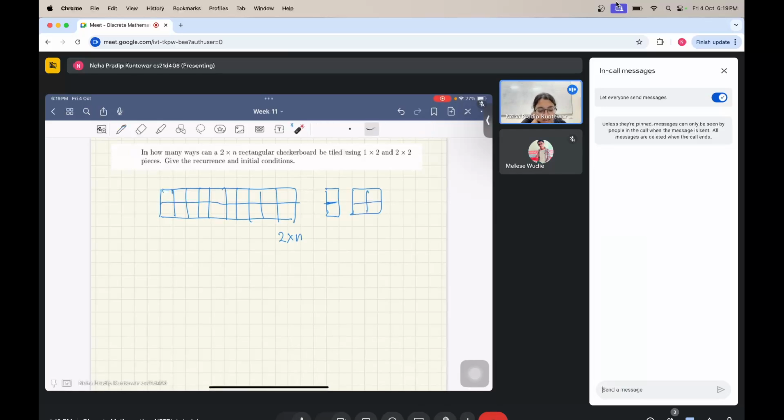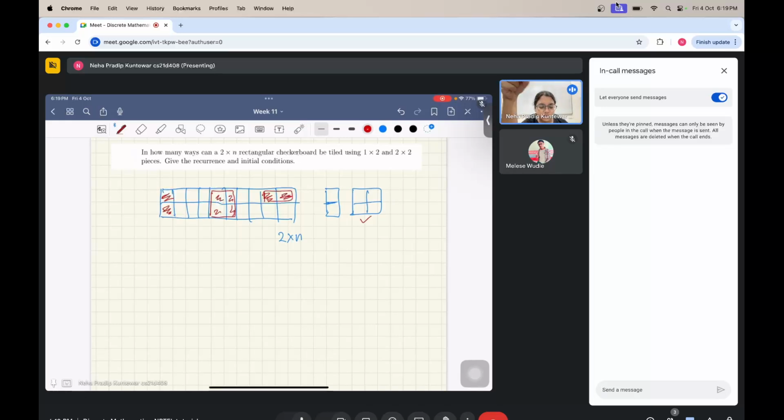I can pick this tile and keep it here, so that way I would have covered this square and this square, or I can take this tile and keep it here like this. So then I'll be covering this and this. Or I could take this tile, for example, and keep it in the middle and cover these 4 squares. So this is what a tiling means.